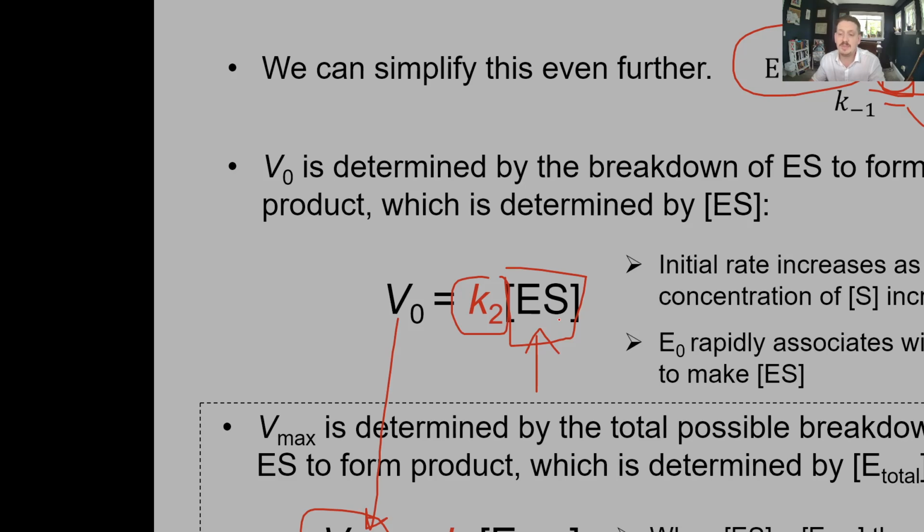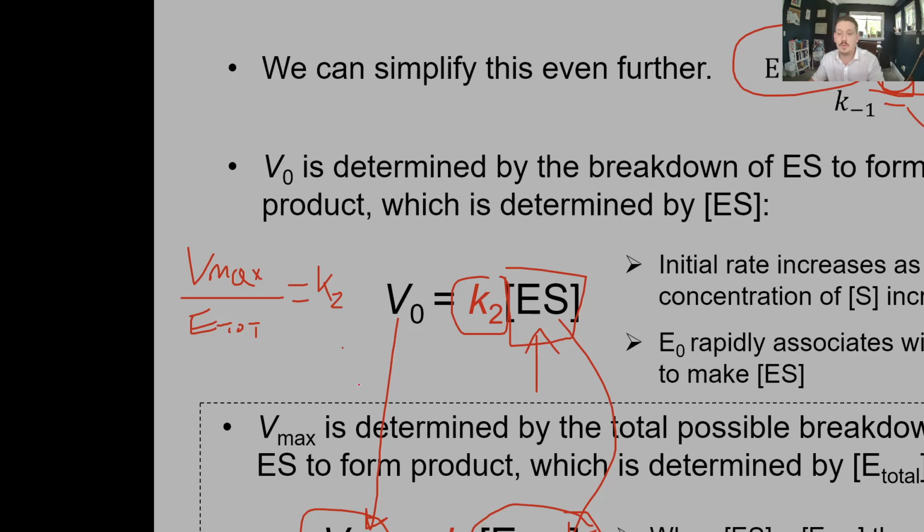And at that same point, when the reaction is saturated, ES is going to make up the whole of the total of the enzyme. So what we can actually do is take Vmax and E total, and do Vmax divided by E total, so whatever the maximal velocity is when it's saturated, if we know how much enzyme there is, we can calculate what K2 is.